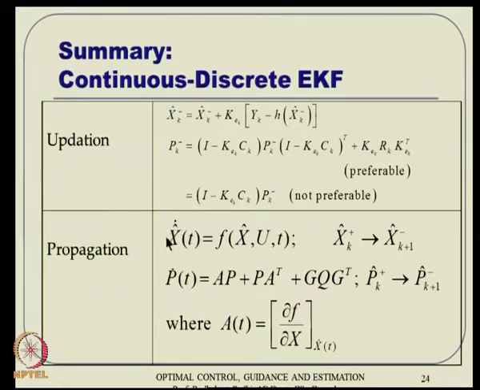So, using the nonlinear dynamics, we propagate from xk hat plus to xk plus 1 hat minus, and using this linear error covariance matrix equation, we propagate from pk hat plus to pk plus 1 hat minus. The thing is we have to evaluate this matrix here, and this has to be evaluated all the time using this x hat of t.